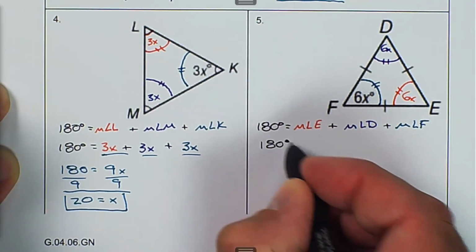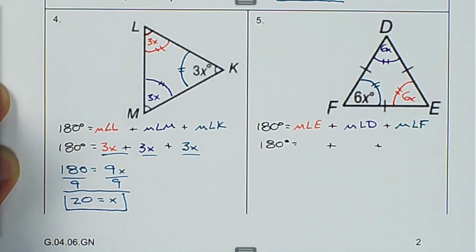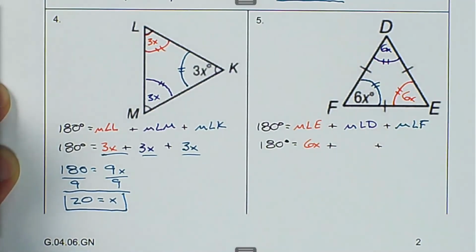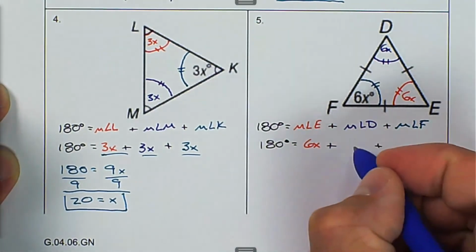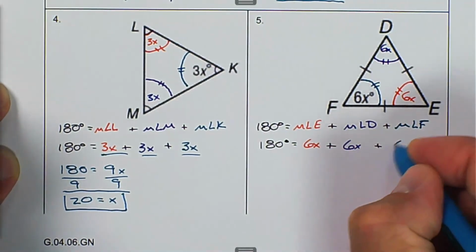Measure of angle E is 6x, measure of angle D is 6x, and the measure of angle F is 6x.